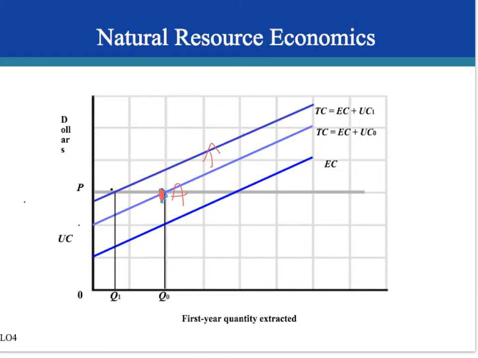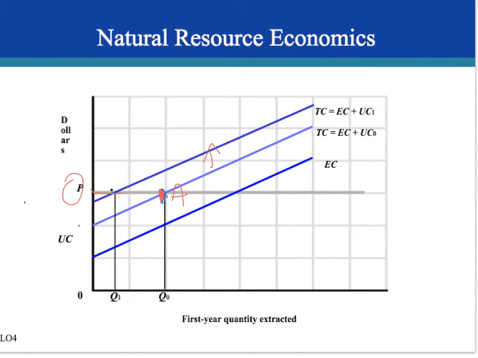And so where price here intersects the new total cost curve, the firm's extraction output falls to Q1. And if the user costs were to fall, then the reverse would happen. The total cost curve would shift back down, and then quantity extracted would increase.